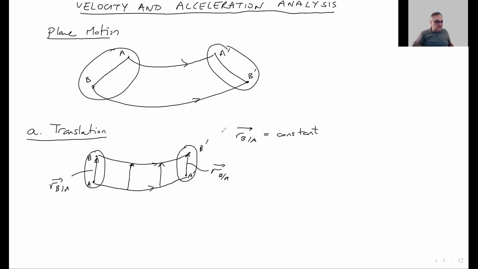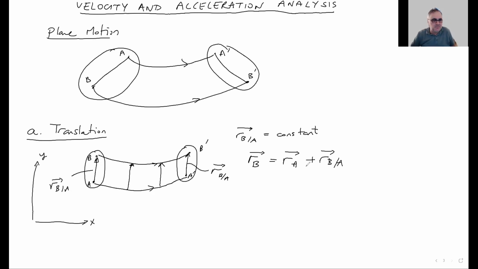So an object does a translation when it is moving along a translation path. You can write, for example, the position of B, RB is equal to RA plus RB relative to A. Okay? If you have a coordinate axis somewhere. So this is RA and this is RB.